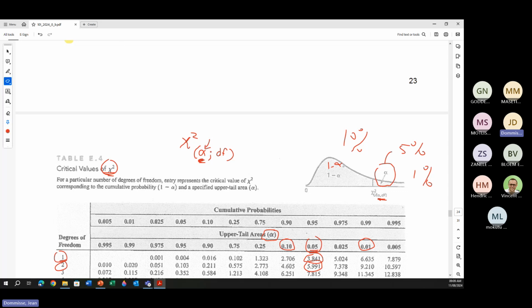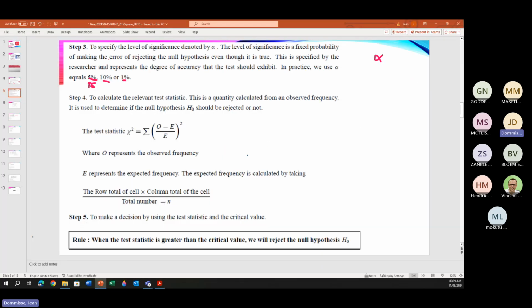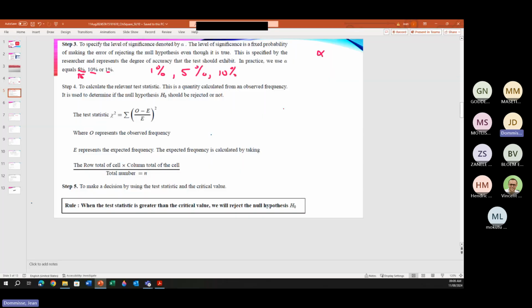Okay, so that is important because when we work this out, we actually will work with the 1%, the 5%, and the 10%, and not 1% divided by 2, 5% divided by 2, and 10% divided by 2.